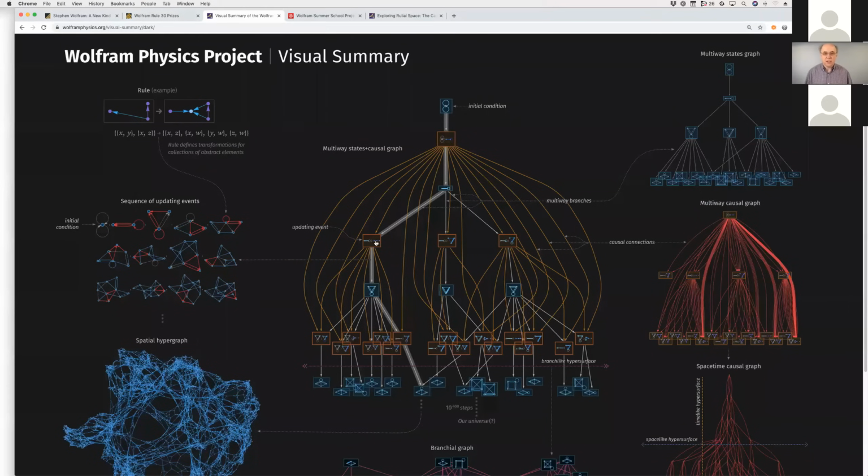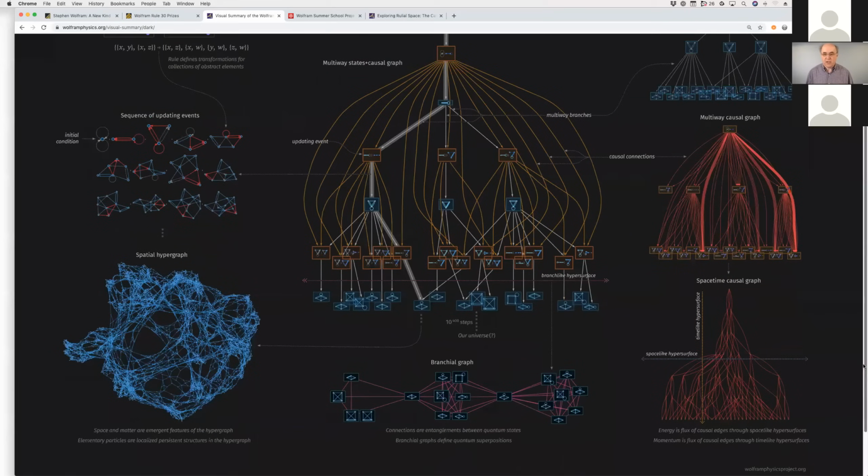And just as physical space is kind of a slicing of this causal graph that represents causal relationships between events in space and time, so the slicing of this multi-way graph, or actually more officially the multi-way causal graph, gives us this map, not in physical space, but in what we call branchial space, the space of branchings. And this map is essentially a map of quantum entanglements between states.